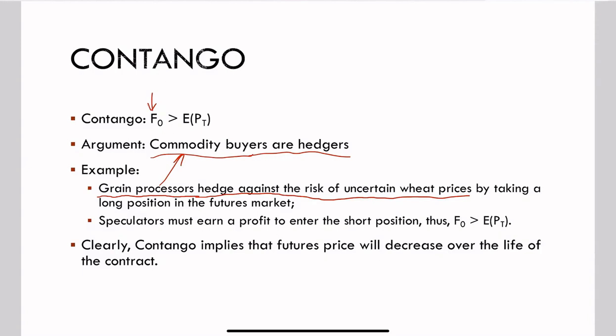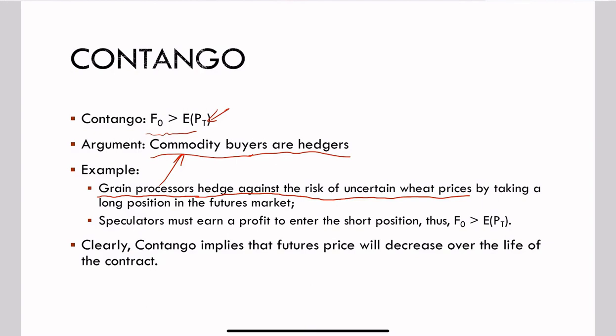Well, I forgot to mention why do we have this result. So basically, if these processors are the hedgers, again, they have to find the other party who is happy to take the short position.